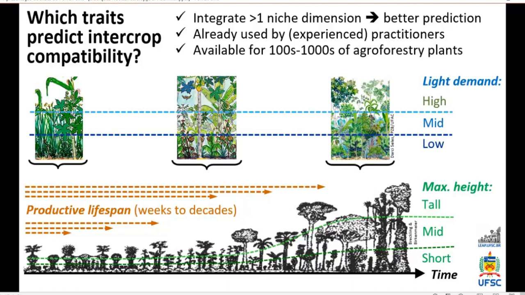And the third trait, a very key one, is the relative light demand. So different species need different levels of light. That's well established. And the famous examples of low light or shade tolerant species are coffee, cacao, tea, and so on.